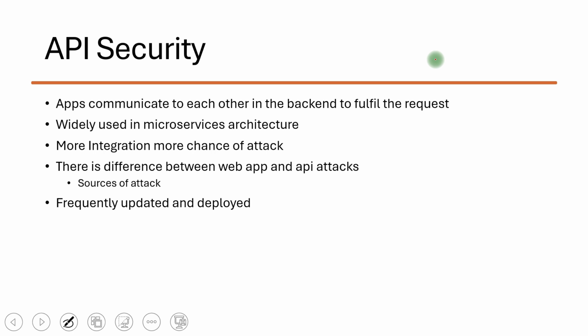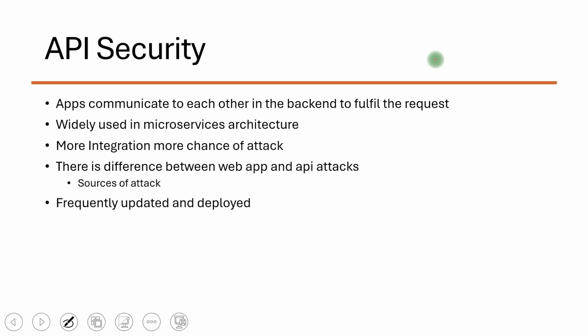Also, APIs nowadays are updated many times, even many times in a day. Deployment frequency is increasing, and it adds extra responsibility on the teams building that software, to make sure that with every change and every deployment, no security loophole comes up.